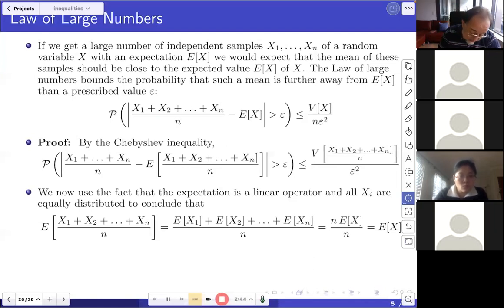Well, yes, if you have a different sensor, then the variance can be different, but the expected value will be equal, even if the sensors are not of the same quality.